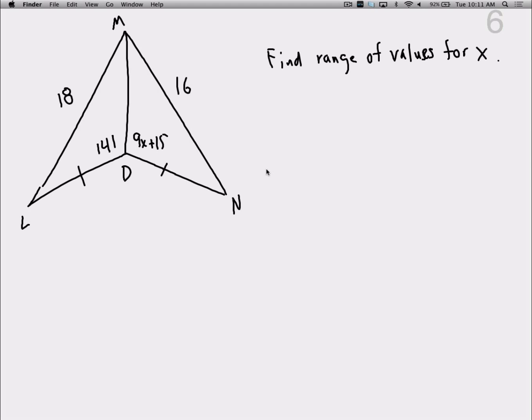Which one's bigger, the angle on the left or the angle on the right? In other words, is LDM bigger or is NDM bigger?